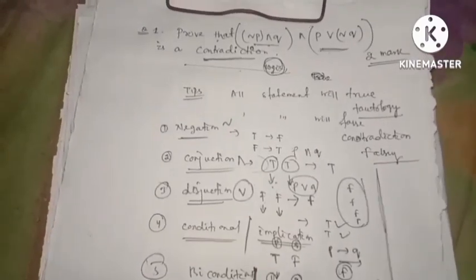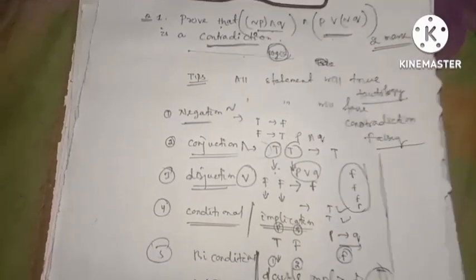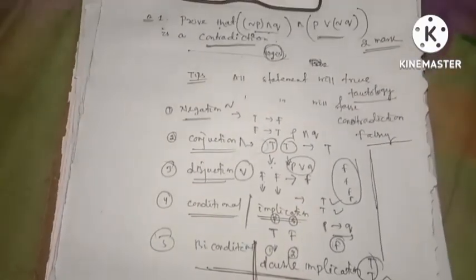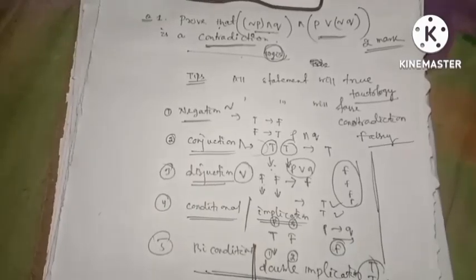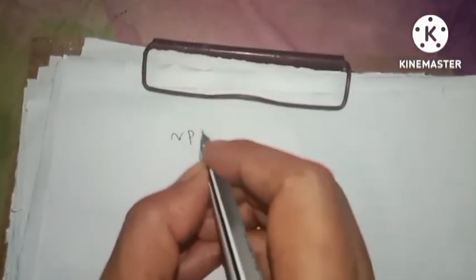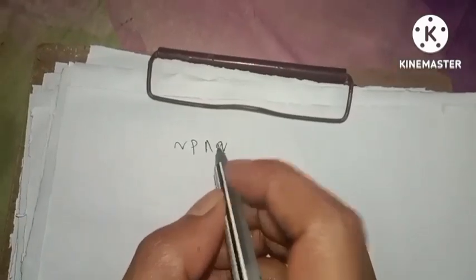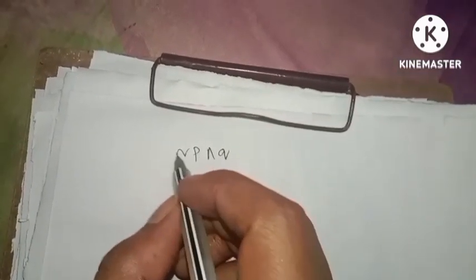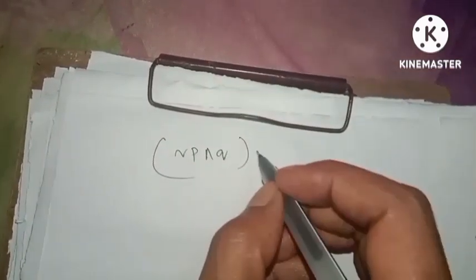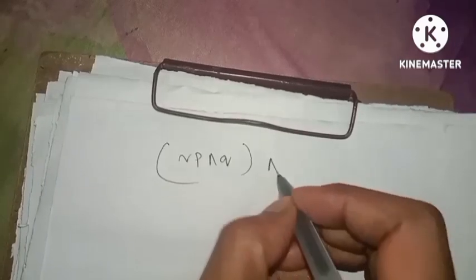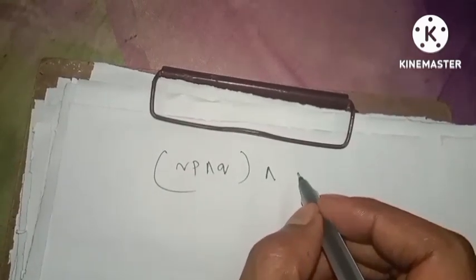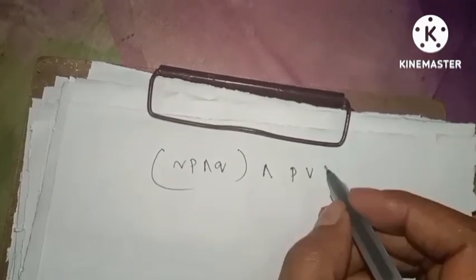The question is negation of p, conjunction q, and this is p disjunction negation q. So how will we check for contradiction?